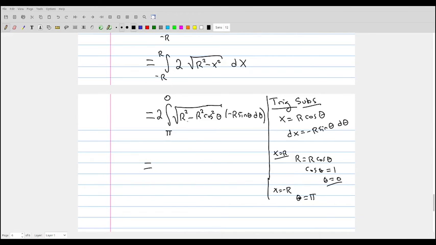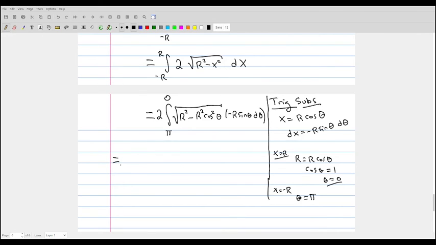And then here we can factor out an r squared under the square root. This will be 2 times, we'll move this over a little bit so we have a little bit more space.